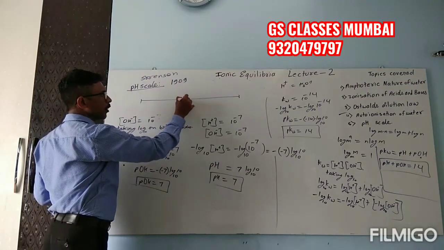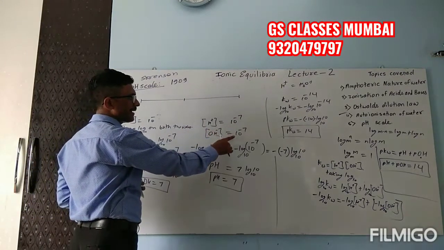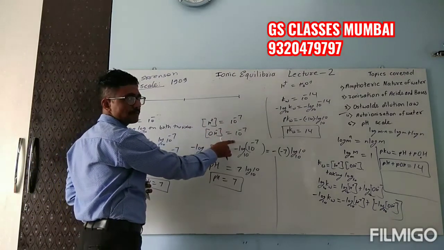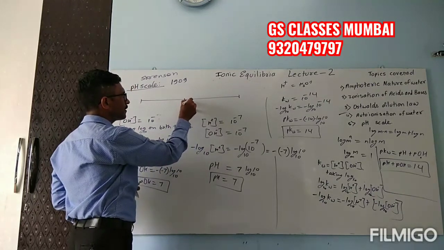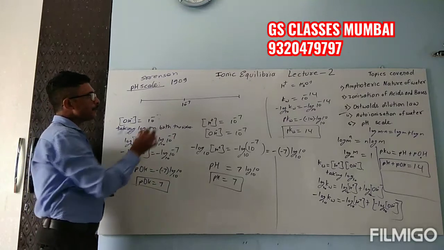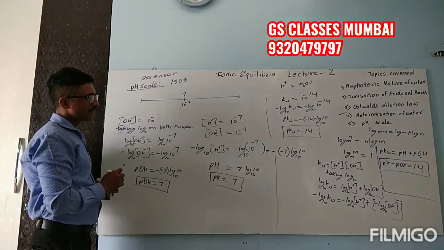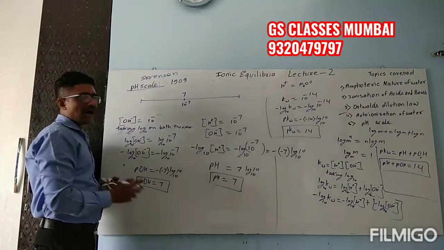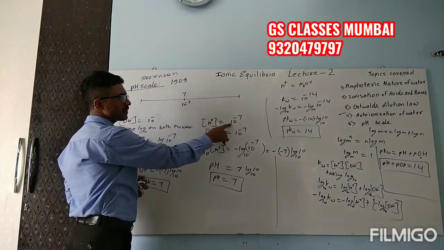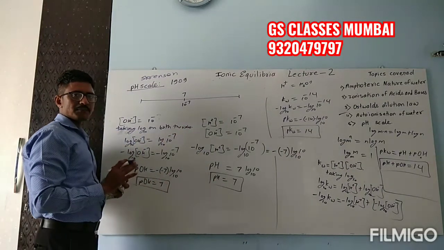For neutral water, hydrogen ion concentration and hydroxide ion concentration were the same. That is 10 to the power minus 7. In pH language it becomes 7. We have already seen in pH language it becomes 7. Either you say hydrogen ion concentration is this much or you say pH is this much. It is the same thing.